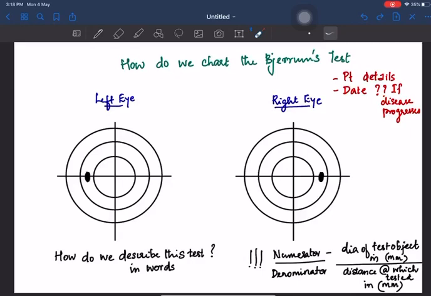And how do we describe this test in words? If we have a normal test, we will tell both fields. There is normal central 30 degree vision with normal physiological blind spot when tested with, here I used a test object of diameter 20 mm and the patient was seated at a distance of 1 meter, that is 1000 millimeters. The numerator will be the diameter of the test object and the denominator will be the distance at which the patient is seated.